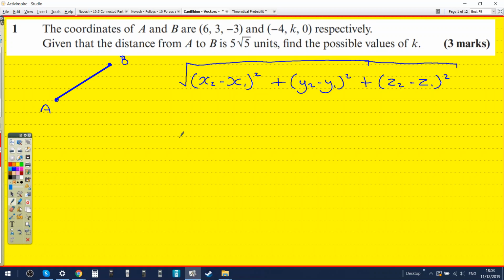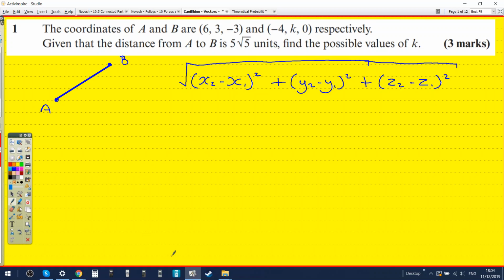So 5 root 5 is equal to the square root of minus 4 minus 6 squared plus k minus 3 squared plus 0 plus 3 squared.